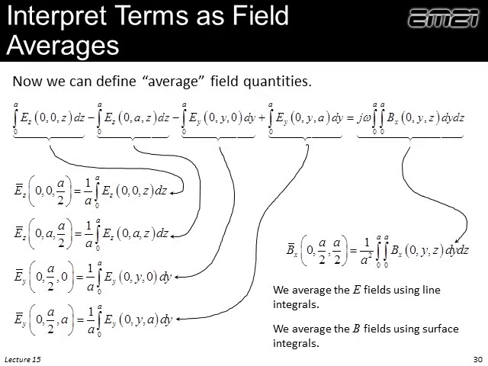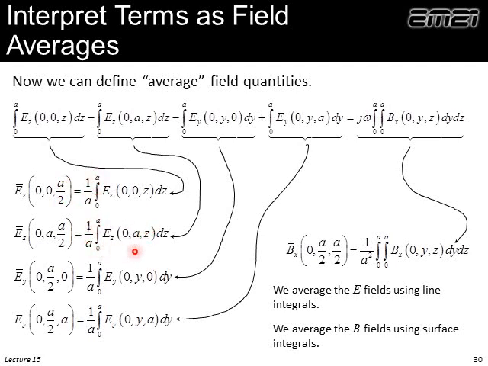So here's where we are. This is the equation we had 2 slides ago. We just drew pictures of what all these different terms can mean. So we look at this first term, and we see we're integrating E sub z from 0 to a along the z-axis. So we will interpret this integral essentially as the average z component of the E field at the point (0, 0, a/2). So that's at the center point of that line around the edge.